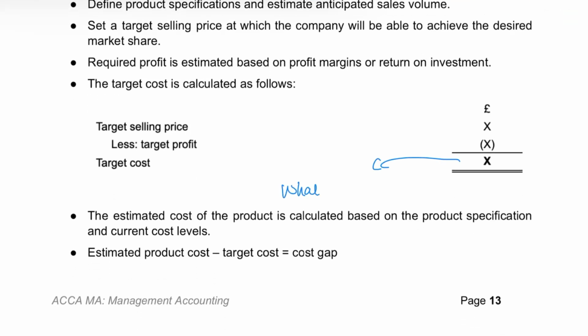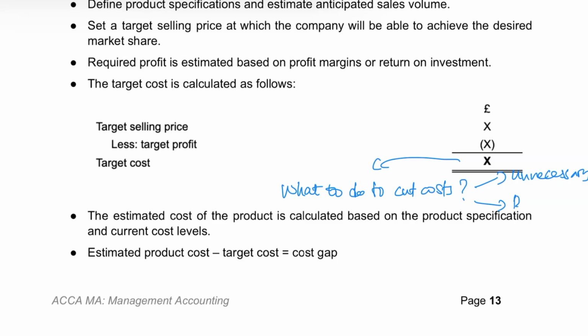What do we need to do to cut cost? So to cut cost, we might remove parts of the product, features of a product that might be unnecessary or not very value adding. They are, but not needed.